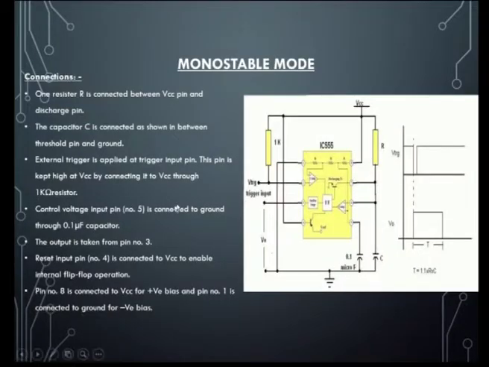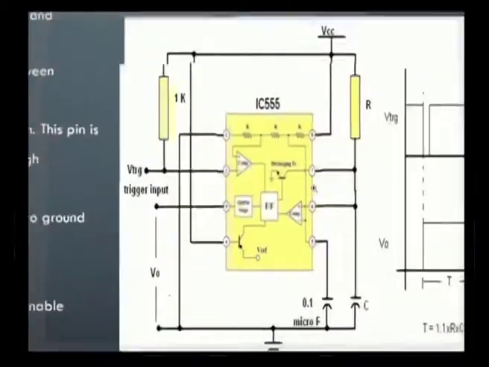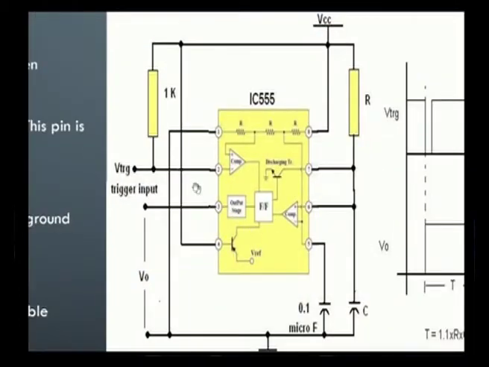Next is the monostable mode. In the monostable mode there is a slight difference in the internal connection: we are going to use only one resistor. This resistor is connected from the trigger input of a comparator, or pin number 2, to the VCC.